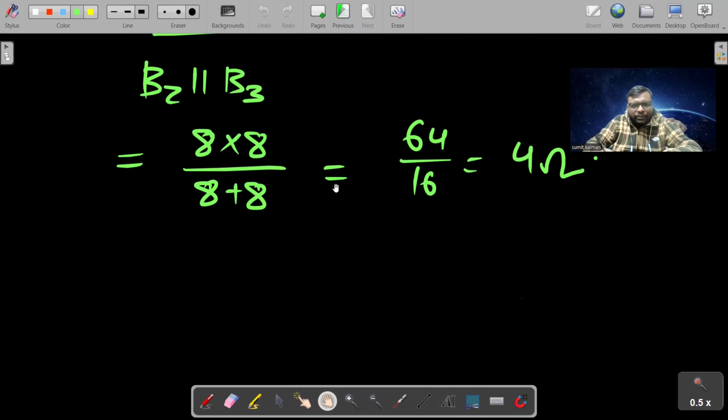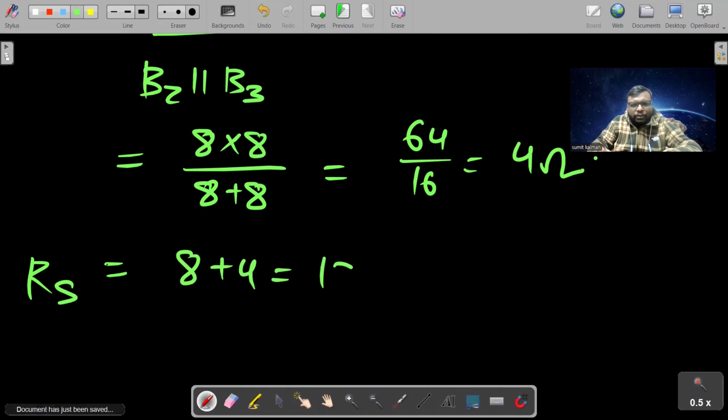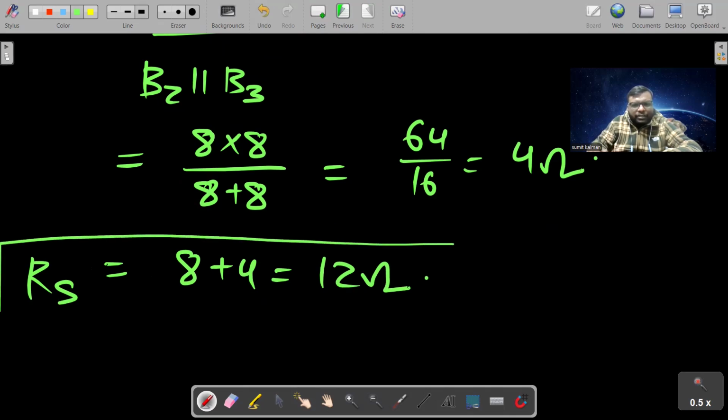And students, here B1 is in series with the equivalent parallel combination of B2 and B3. So here the resistance of bulb B1 is 8 ohm, and we are calculating the equivalent resistance, which I'm just denoting by RS. So here it will become 8 plus 4, which is 12 ohm. So the equivalent resistance of this circuit is 12 ohm.